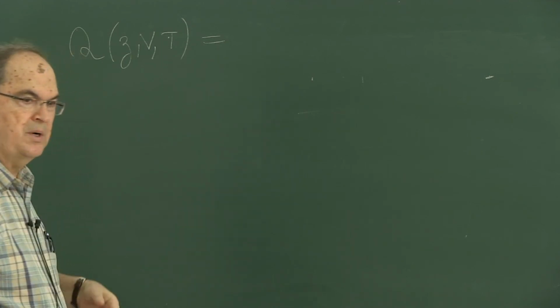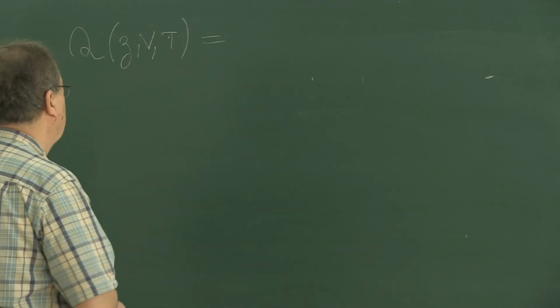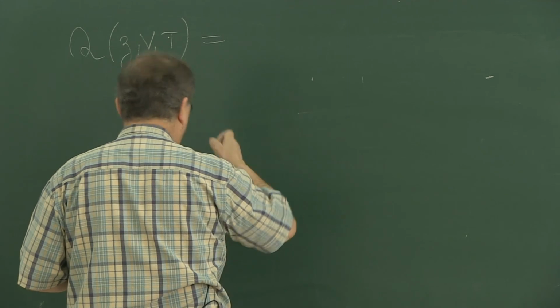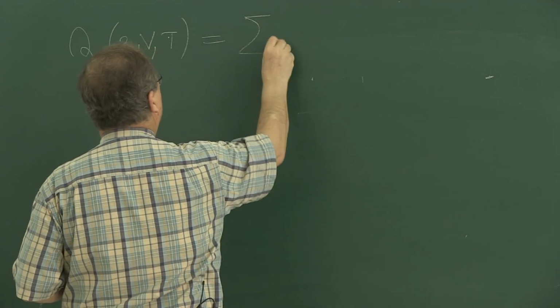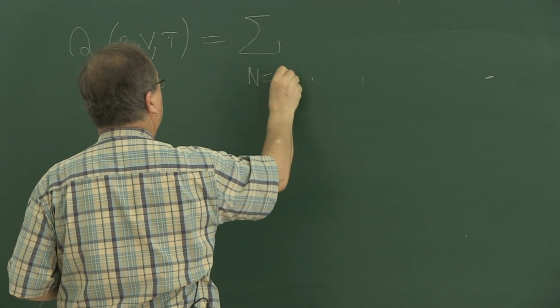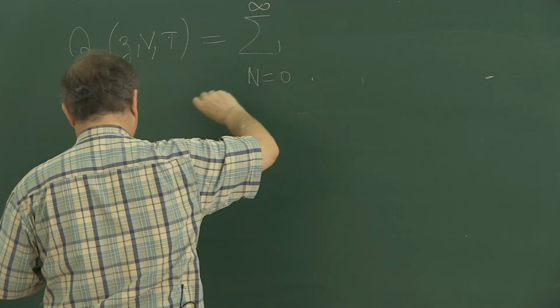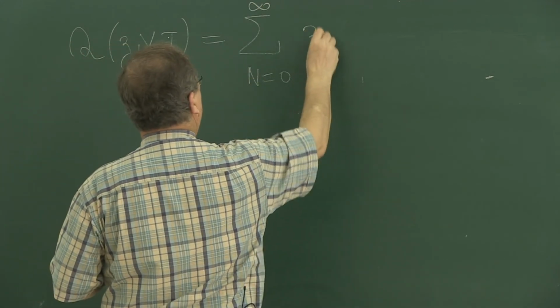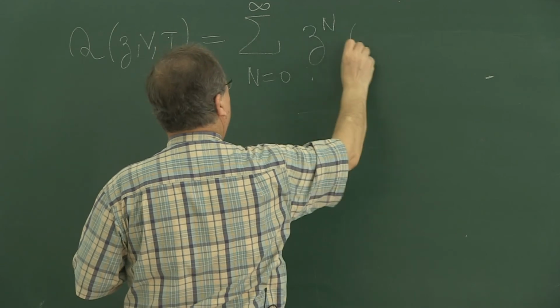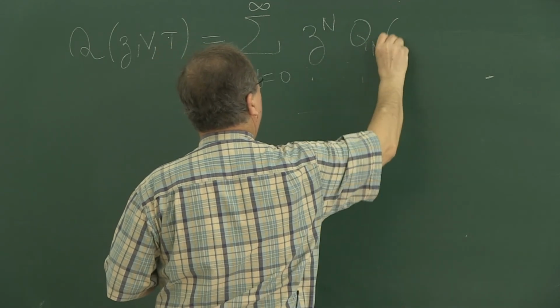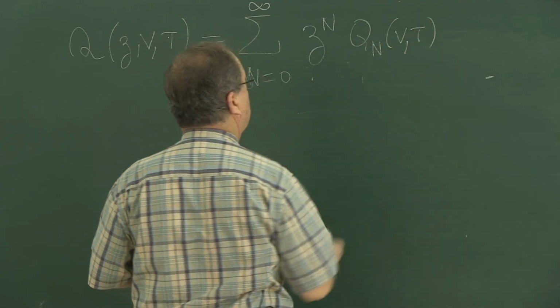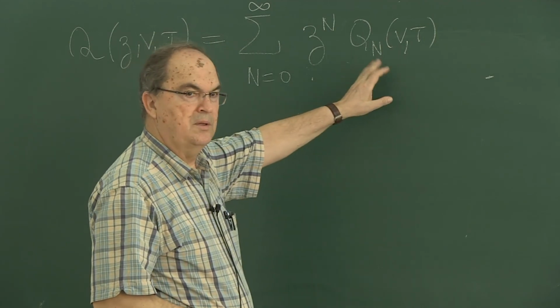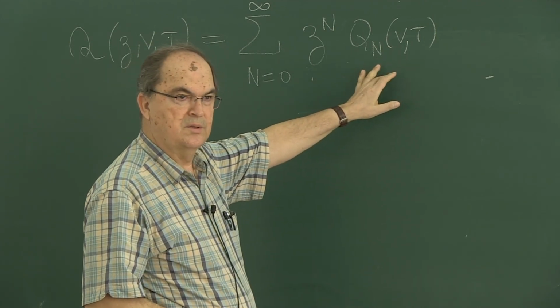Finding the system with particle number n. So it is sum over n from 0 to infinity, z to the n, Q_n, V, T. This Q, I repeat, is the canonical partition function.